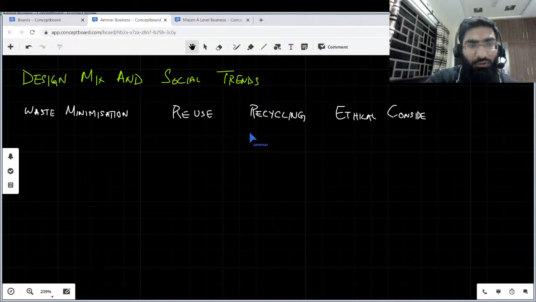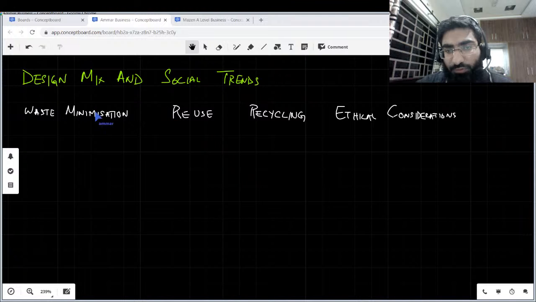The thing is, how would the product be different if it's designed for waste minimization compared to if it were designed for reuse, or for recycling, and compared to ethical sourcing? All these things are important social trends around you.